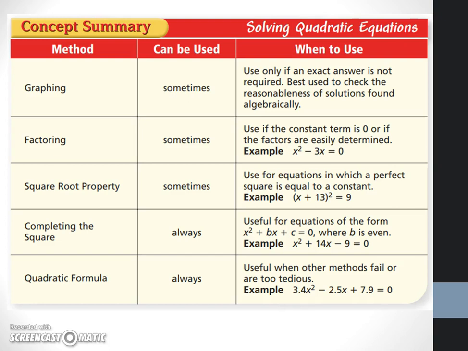Completing the square can always be used. It's useful for the form ax squared plus bx plus c equals 0, where b is even. The quadratic formula can always be used. It's useful when other methods fail or are too tedious. Good luck with the quadratic formula.